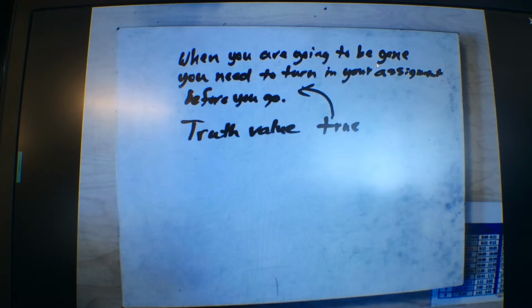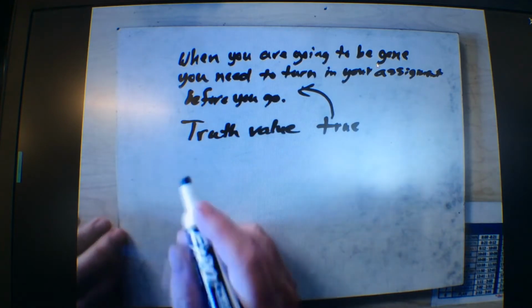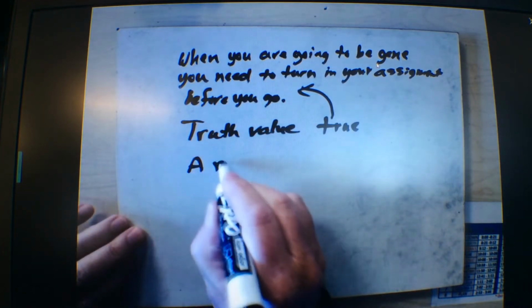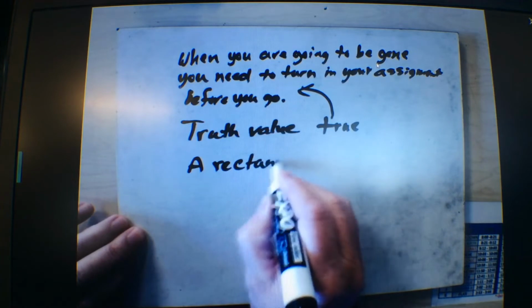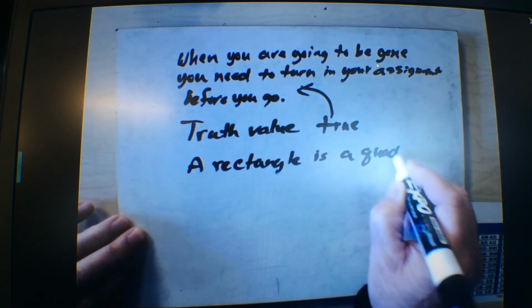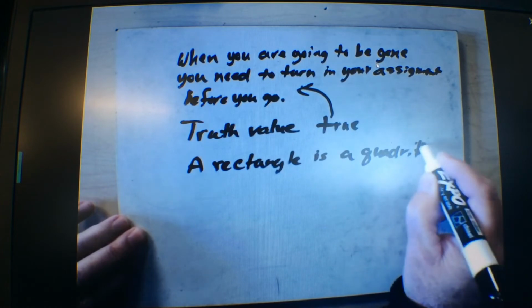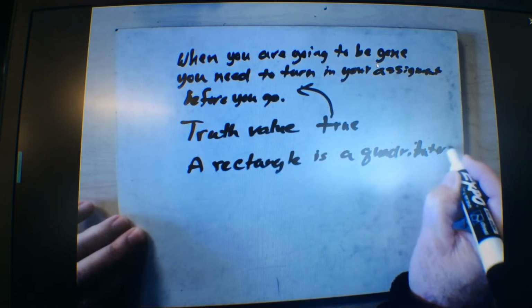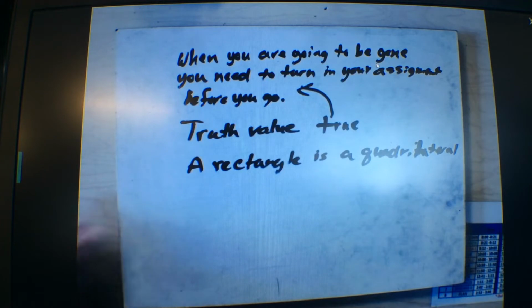So every statement that we talk about has a truth value. For example, if I use one from geometry, I would say something like this: a rectangle is a quadrilateral. True or false? True. The truth value of that is true.